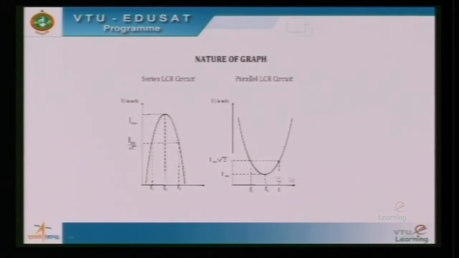The quality factor of the circuit is obtained graphically using the relation F0 by bandwidth. Theoretically, again the expression for quality factor is 2 pi F0 L by R. Again it depends on the value of R. Higher the value of R, higher the sharpness of the curve, hence the higher quality factor of the circuit.